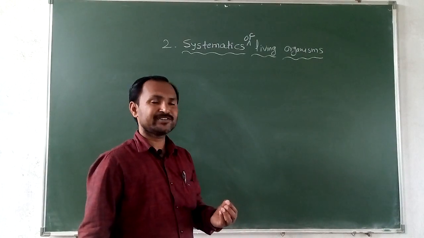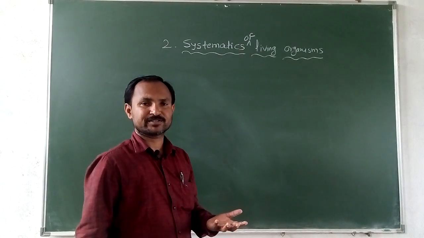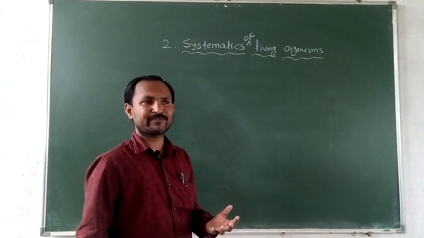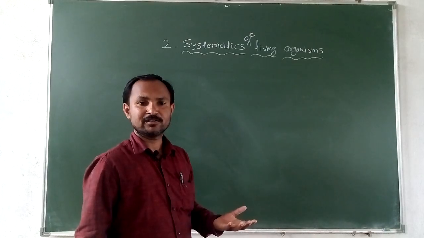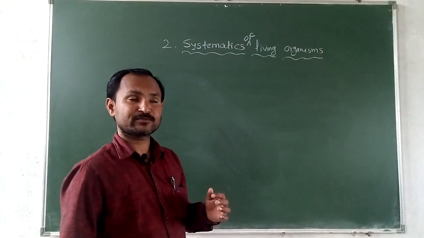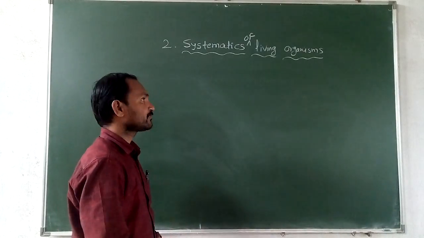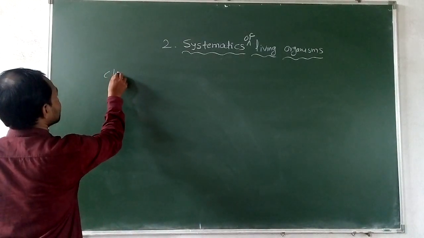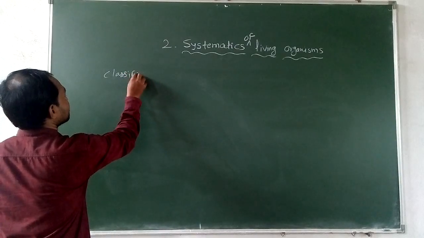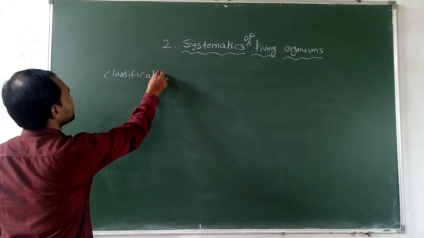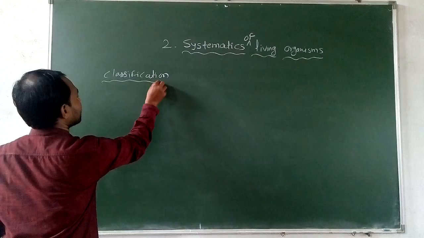We can study in detail when there is a classification. If there is no classification of organisms, we can't study. So classification is important to the study. First we will see the definition of classification. Classification of plants, classification of animals, classification of microorganisms, are very important.